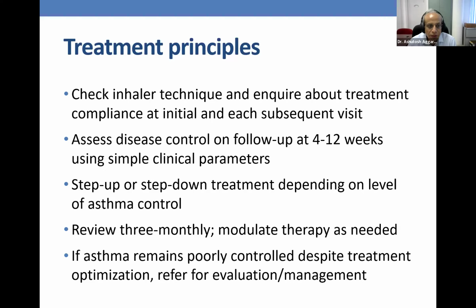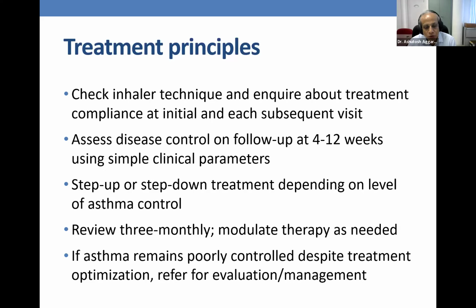For follow-up visits, we need to assess disease control, and I will just shortly highlight how we check on disease control. And based on whether the disease control is adequate or inadequate, we can step up or step down the treatment based on this. And this disease control is based on very simple clinical parameters, does not require any major investigations.